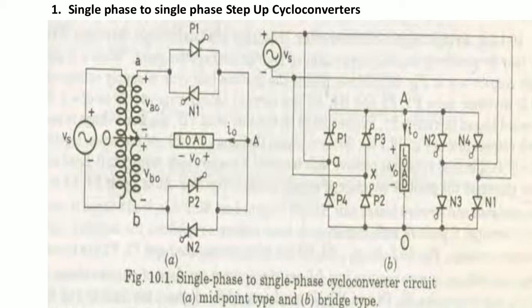There is an input source Vs, which is nothing but the AC alternating current source. The input power is provided from this source.